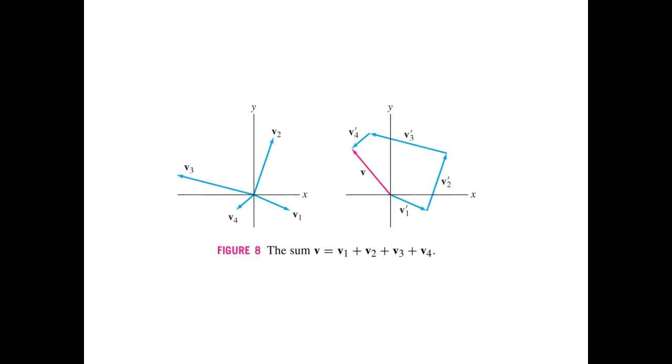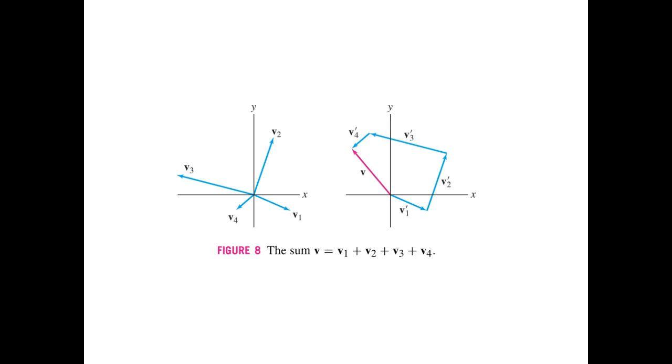So let's start the way they said, start with v1, and then translate v2 so its tip is on the tail of v1, and then translate v3 till it's up there. I don't have long enough fingers to do it, and then come down with v4, and sure enough, that's what you got.